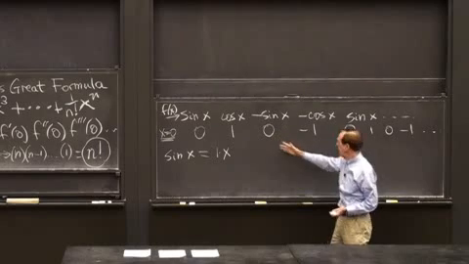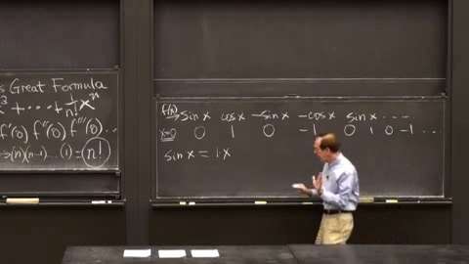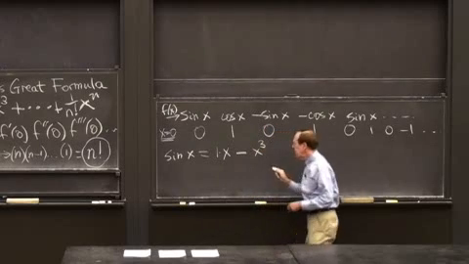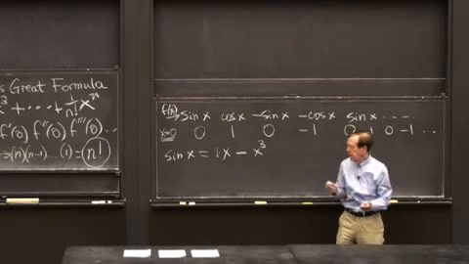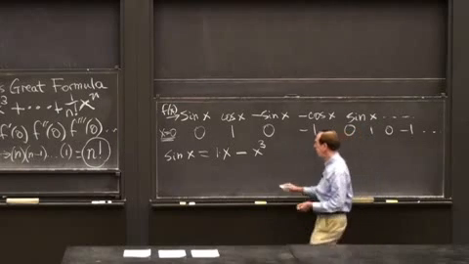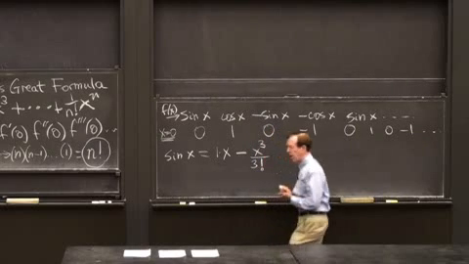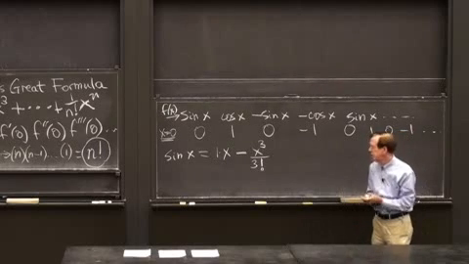But now do I have minus 1x cubes? Not quite. Minus x cubed, but I have to divide by 6 because when I take that 3 derivatives, it'll produce 6. So I have to divide by 6, which is 3 factorial. That's really the number that's there. 3 times 2 times 1, 6.